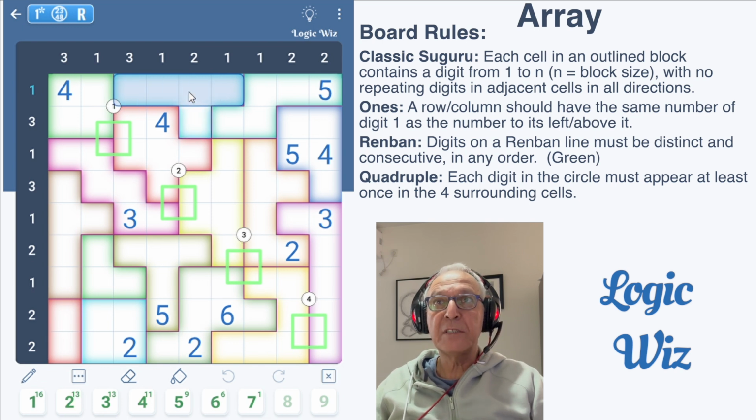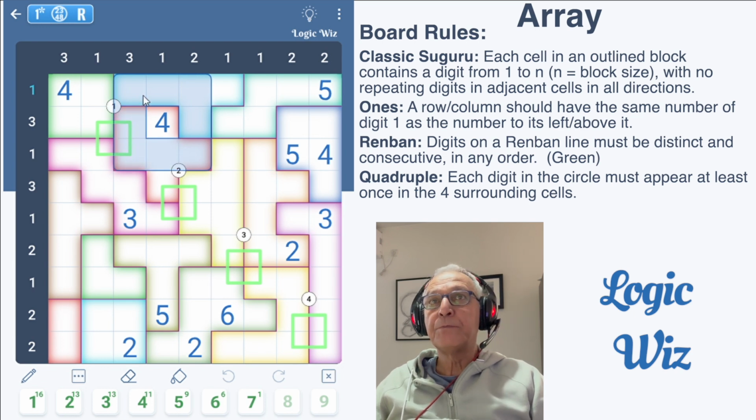So for example, for this block, size of 5, it needs to have the digits 1 to 5 in any order. The second rule of Suguru is that if there is a digit, all the surrounding cells cannot have the same digit. So for example, we have here 4, all the surrounding cells cannot have the digit 4.